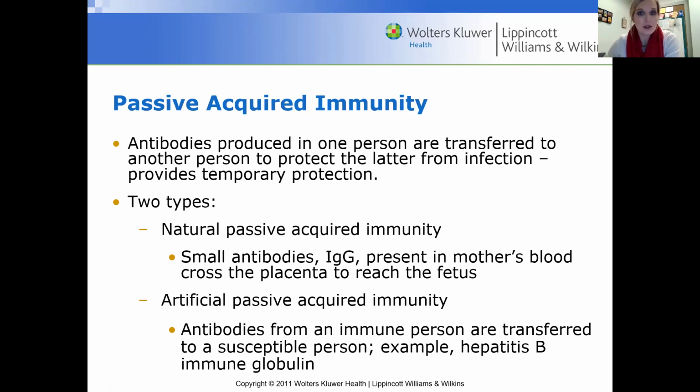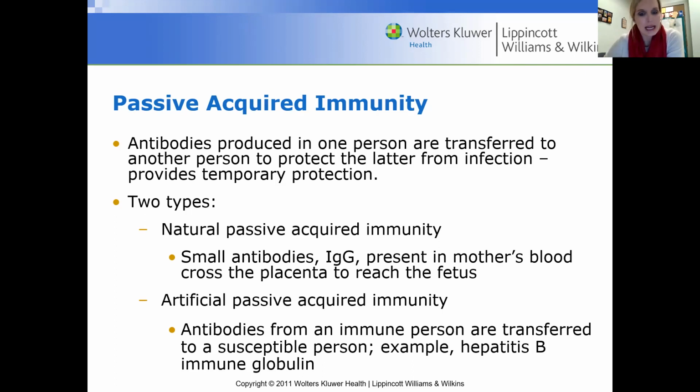Through breast milk, mothers can pass on antibodies in the event that the baby needs them, because a baby has not yet developed an immune system. They're still developing that immune system because they have not been exposed to anything yet.